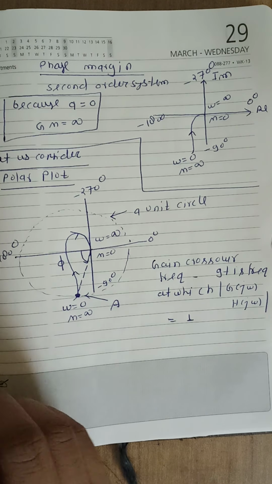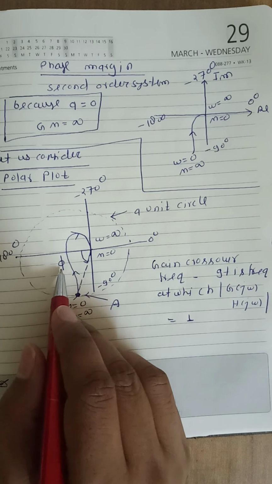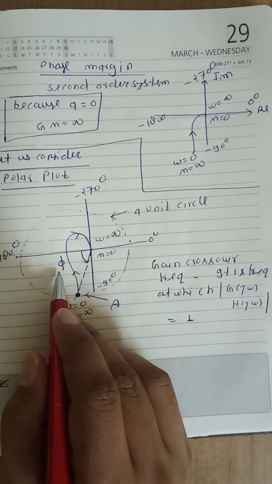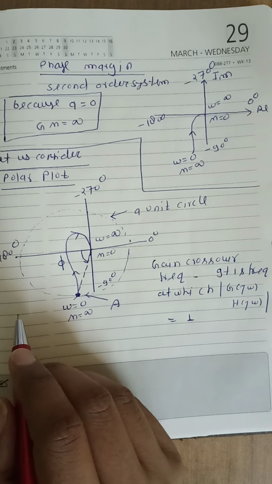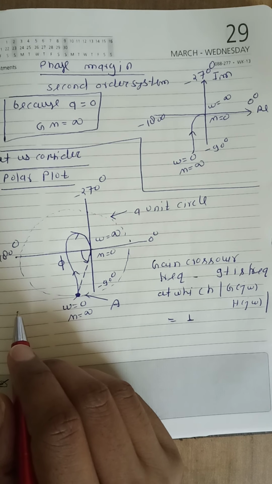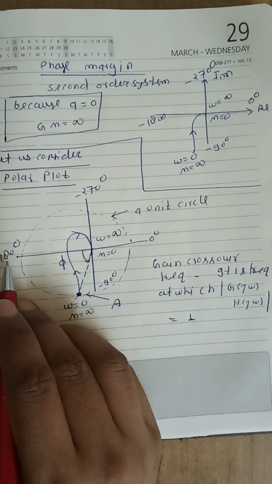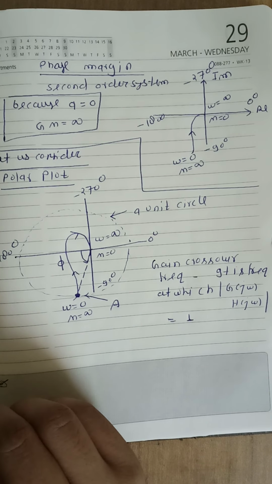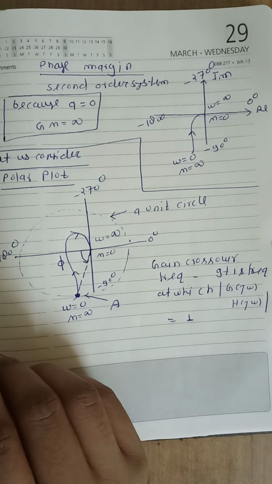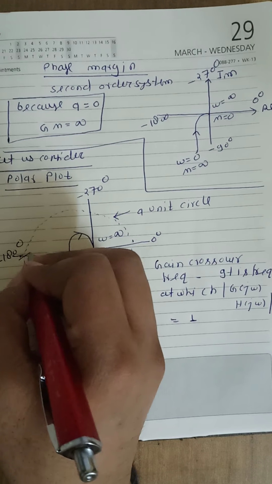If an additional phase lag equal to phi is introduced at the gain crossover frequency, the phase angle will become minus 180 degree, while the magnitude remains unity. So the polar plot will pass through the point minus 1 j0.